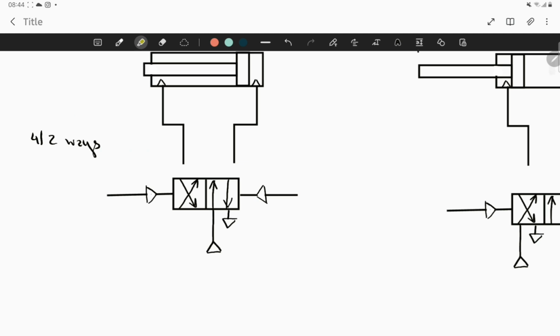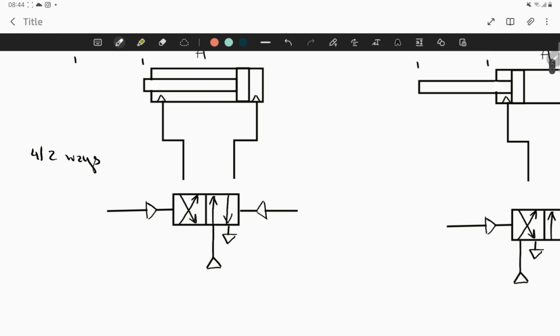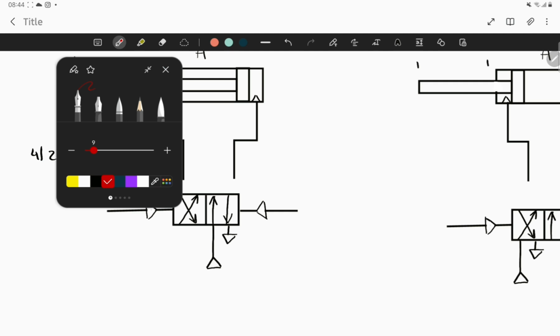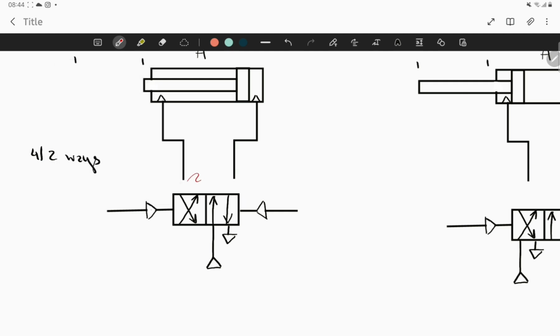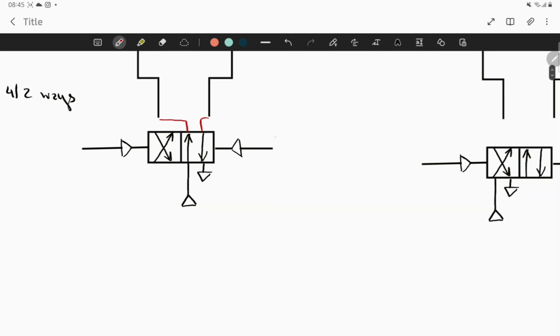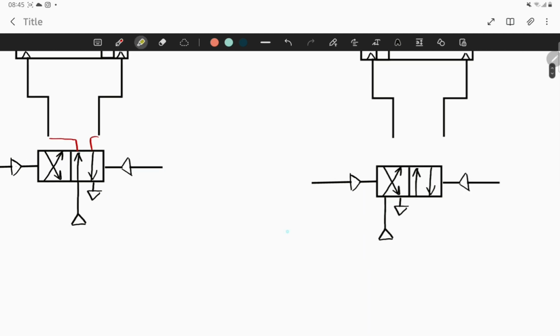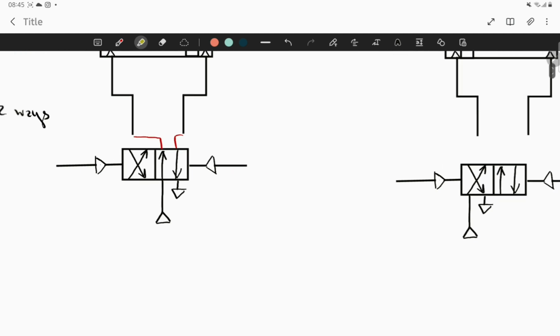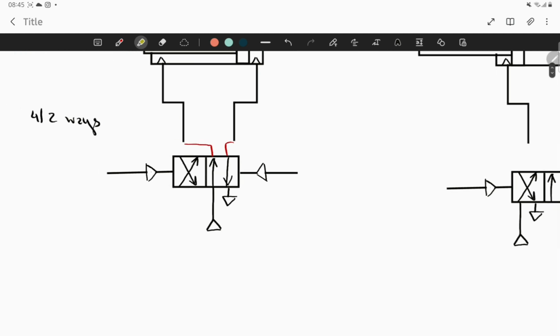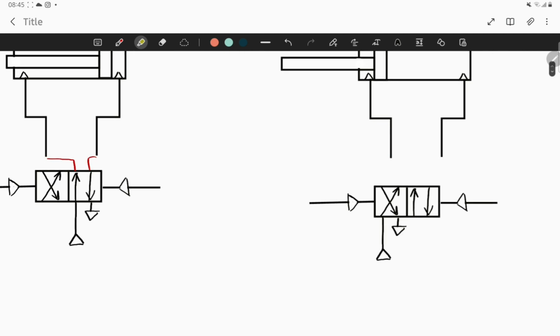And basically what is happening, I'm gonna write it in red so it's more visual, is that it's connected like this. When you apply pressure here, you commute it to the other side, and you use this side.